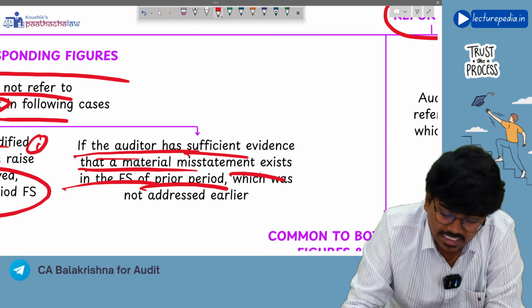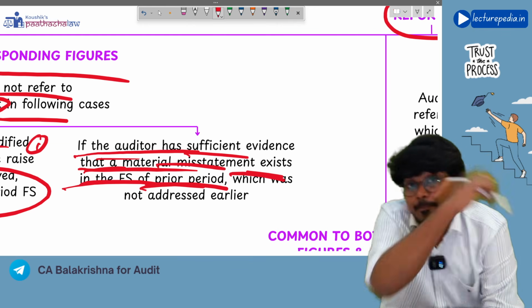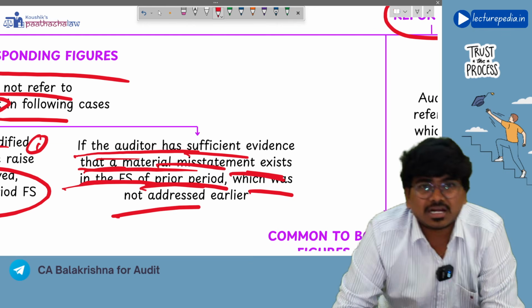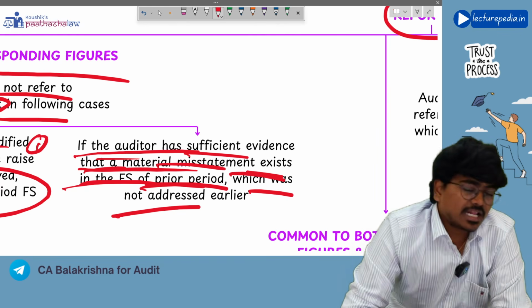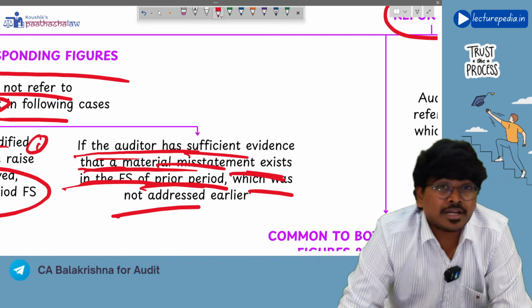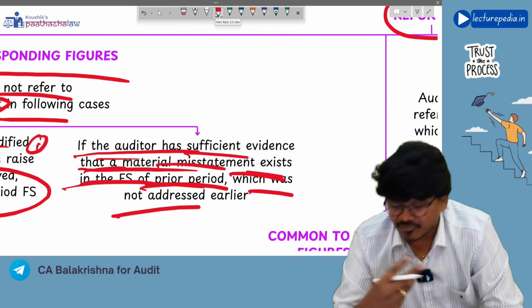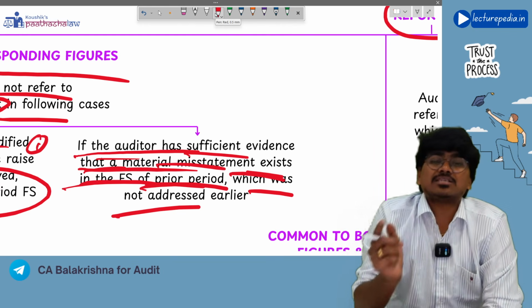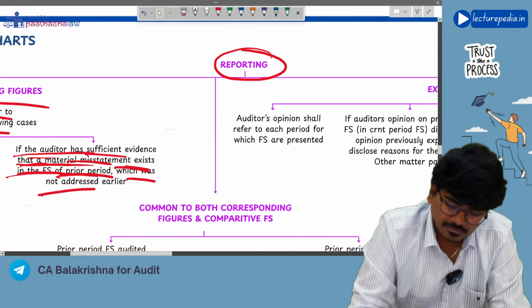See, if the auditor has sufficient evidence that a material misstatement exists in the financial statements of the prior period which was not addressed earlier, that means in the prior period the predecessor auditor has given an unmodified opinion, a clean opinion only. In such a situation also, the auditor will refer to corresponding figures in the current year because there is a misstatement that the current auditor has identified in the corresponding figures. Understanding?